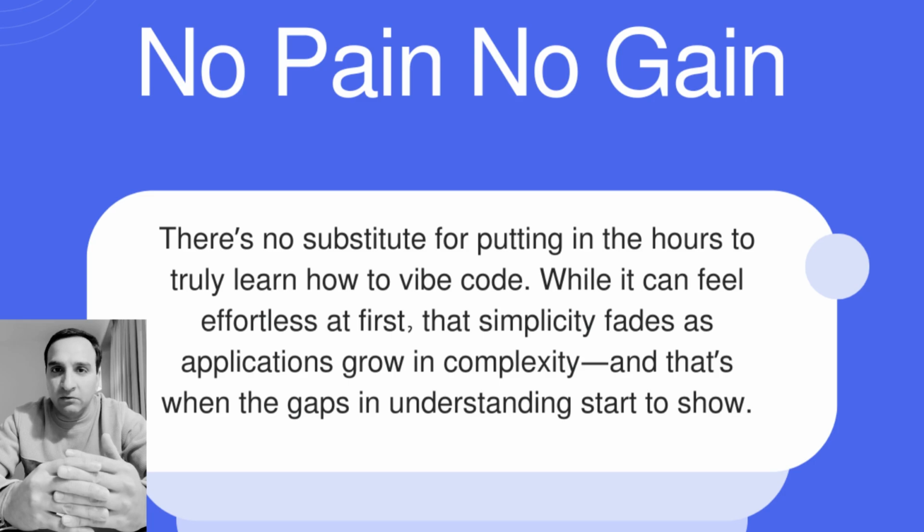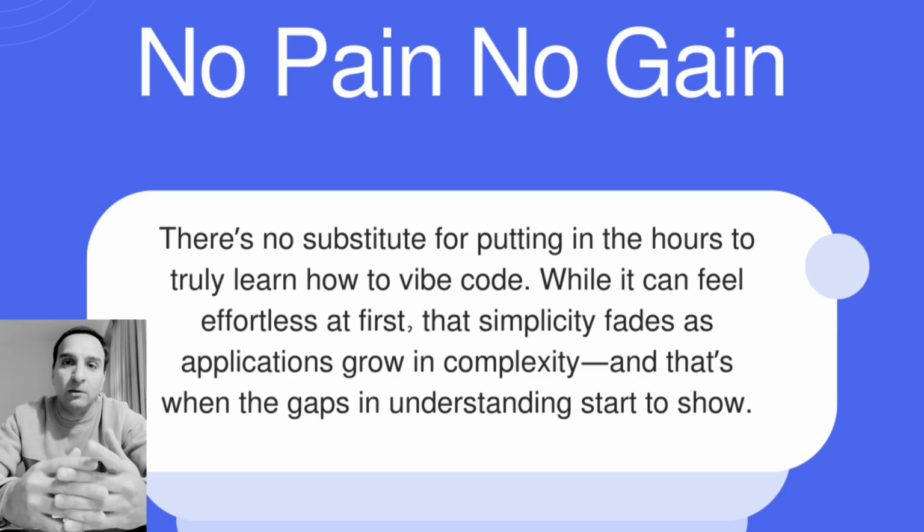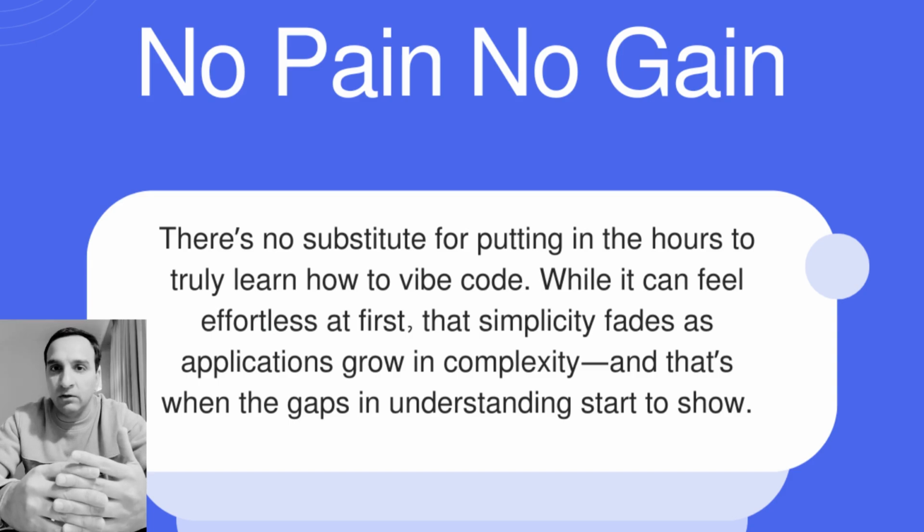You have to put in the hours. There is no alternative to getting your hands dirty, getting your hands on the keyboard. And as part of that, you may have to subscribe to a few tools. I began my journey with Cursor, which gives you a bunch of free tokens. But then as you start utilizing some of these tokens, then you realize that you need to upgrade. Then I moved on to Bolt.new, which was also very good.